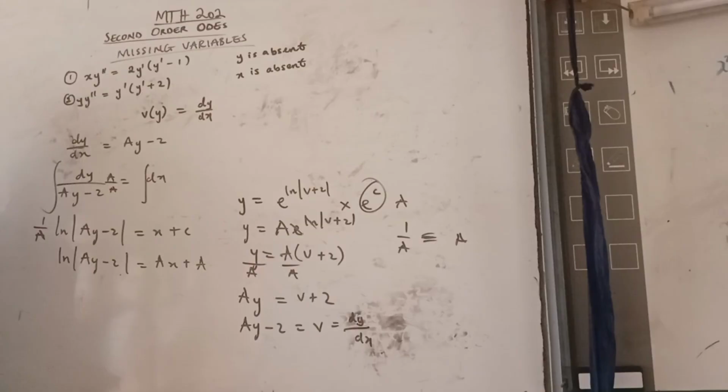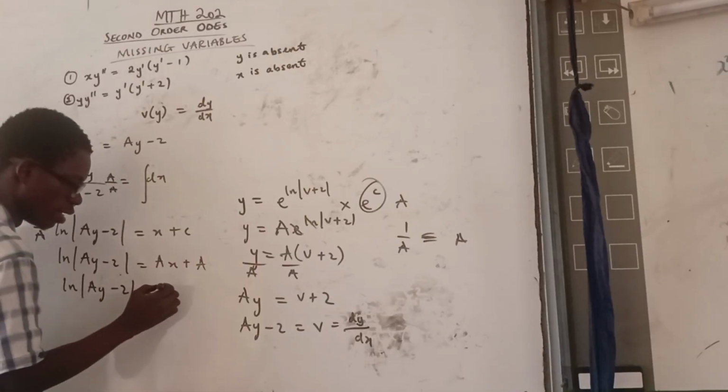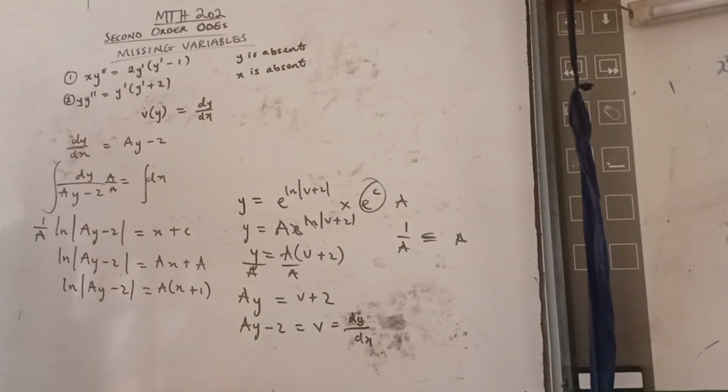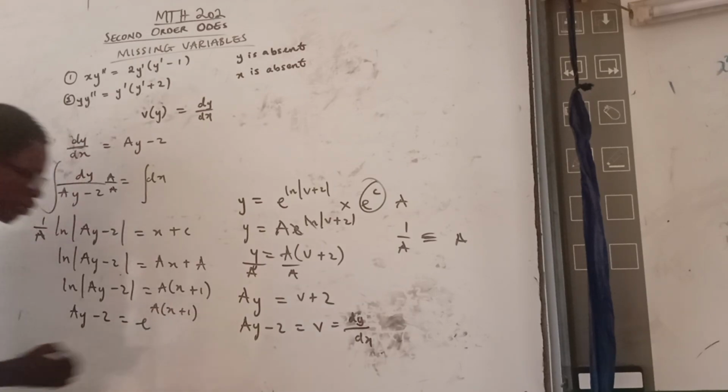Since a is an arbitrary constant, this one too is an arbitrary constant. I can write it as ln(ay minus 2) equals a into bracket x plus 1, since it's an arbitrary constant. So now ay minus 2 equals e raised power a into bracket x plus 1.